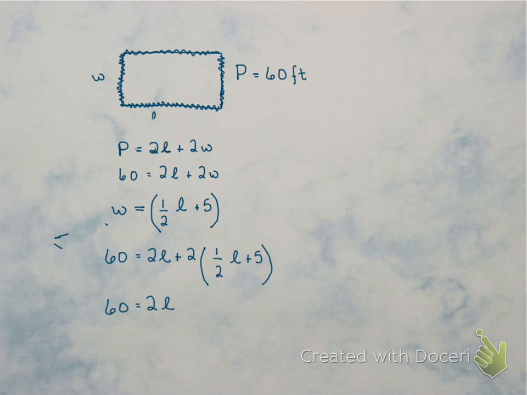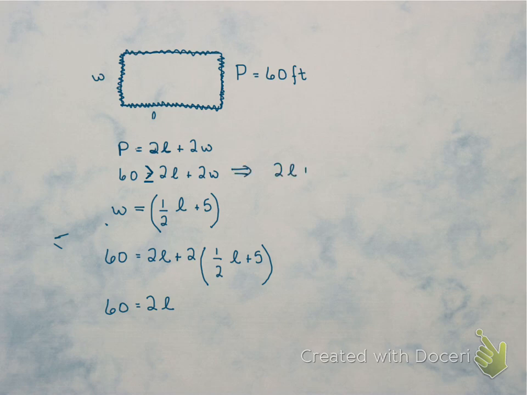However, if we only have 60 feet of fencing, we can't use more than that. So twice the length plus twice the width has to be less than 60 feet.